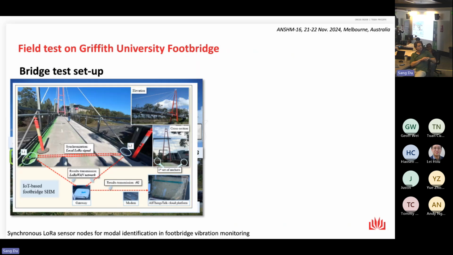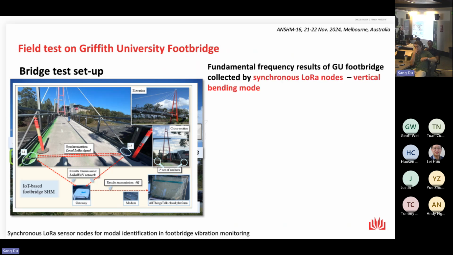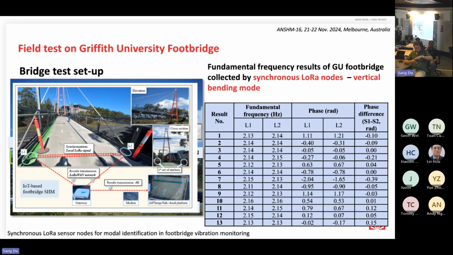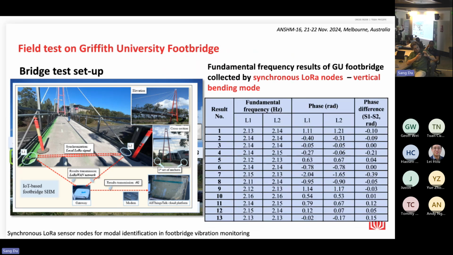In this way, we put node 1 and node 2 in opposite but symmetric locations across the bridge deck. The test time was 15 minutes, and we got 13 results continuously from L1 and L2.